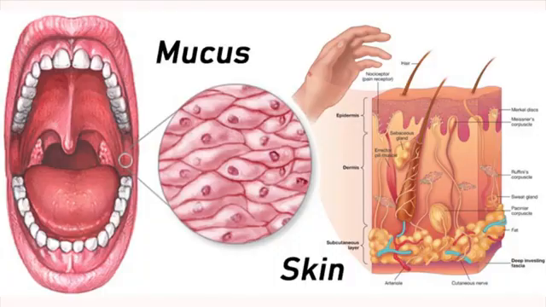When any dust or small organisms enter through the ear or through the nose, the wax traps those particles inside the ear, and cilia help in pushing those particles out of the respiratory tract. Skin, mucous membrane, ear wax and cilia give the first line of defense.